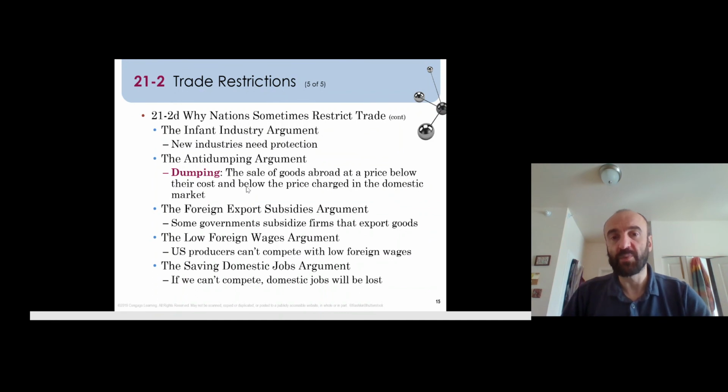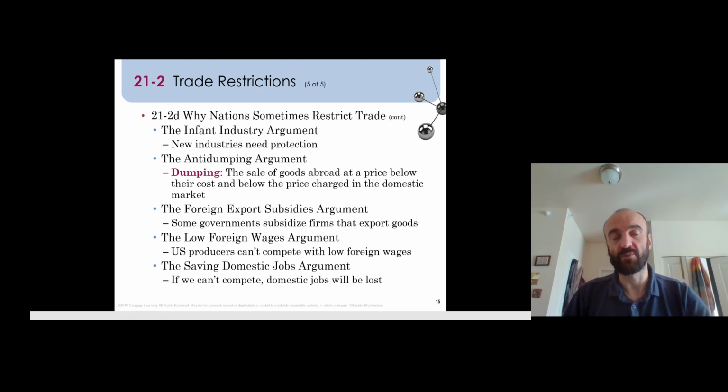The dumping argument doesn't make much sense because eventually the only way in which firms can afford to sell at lower prices is for a foreign country to subsidize artificially their domestic firms to sell at cheaper prices in the United States.